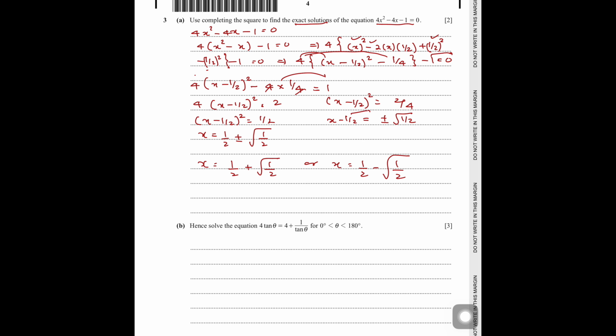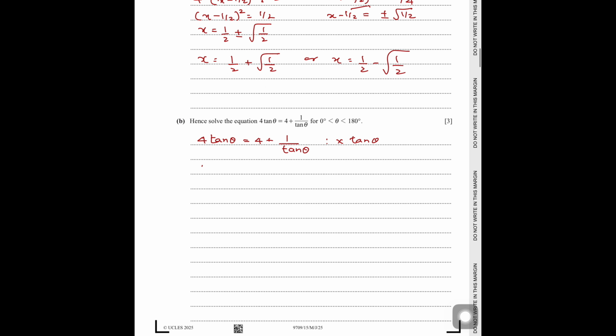Hence find the solutions of the equation 4 tan theta equals 4 plus 1 over tan theta, right? Now I'm multiplying throughout by tan theta. So that's 4 tan squared theta equals 4 tan theta plus 1. Send it to the other side. So 4 tan squared theta minus 4 tan theta minus 1 equals 0.